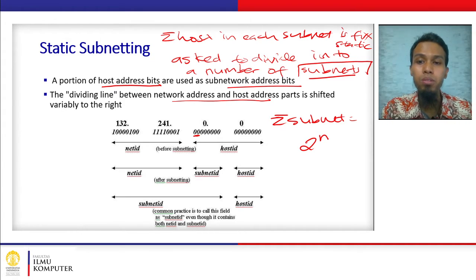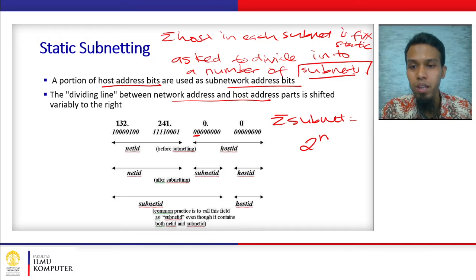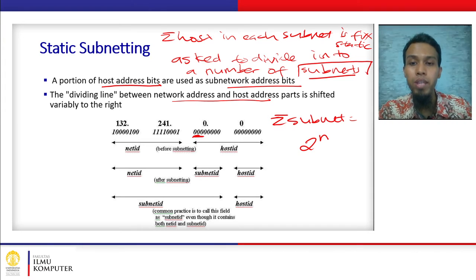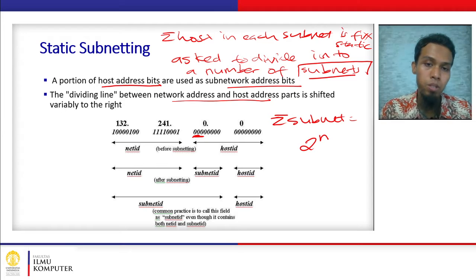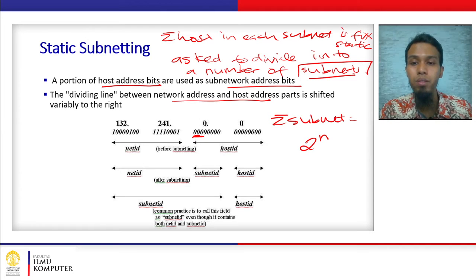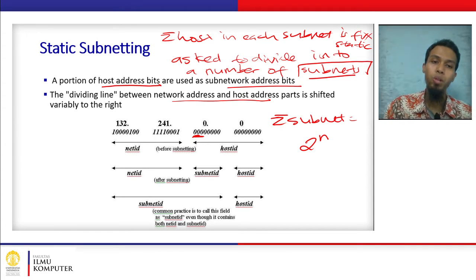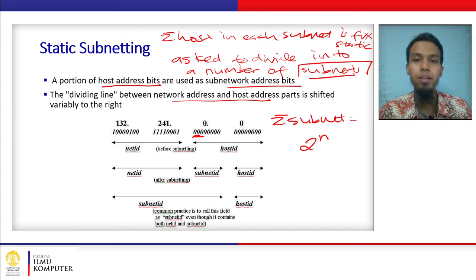So we need to take 3 bits from the highest bits in the host part. Then the maximum number of subnets that we can create with 3 bits is 8 subnets. Later we'll discuss how many hosts are in a subnet.